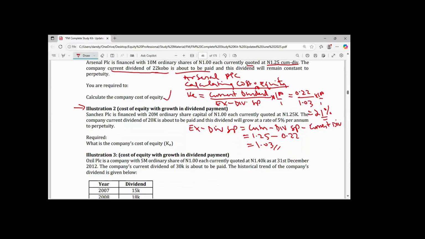Ordinarily, I would have moved to the cost of preference share since I've done this last time, but I want you to understand. When you get to strategic financial management, all this I'm taking you through, you are still going to do it. If you don't understand it now, it will be an issue then. So I don't want you to drag. You need to understand the basics. Don't cram it. Understand the basics.